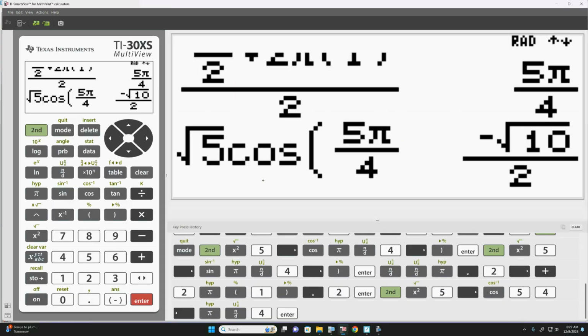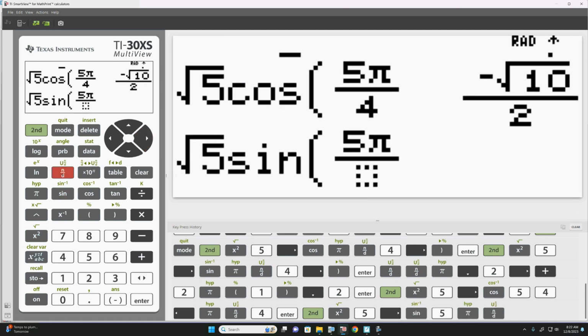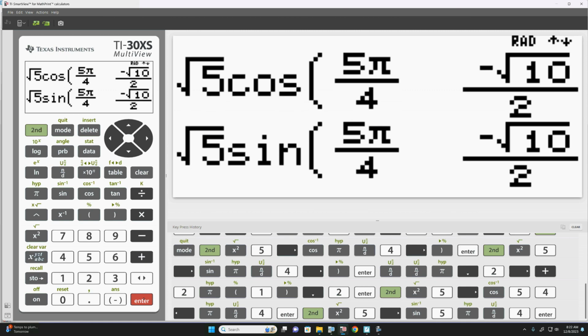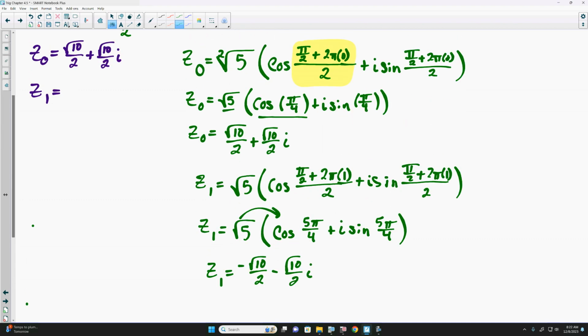And 5 sine 5 pi over 4 is also negative, minus square root 10 over 2 i. Is our final answer. Questions on this here? Now we said this is the final answer, and we can somewhat demonstrate that.